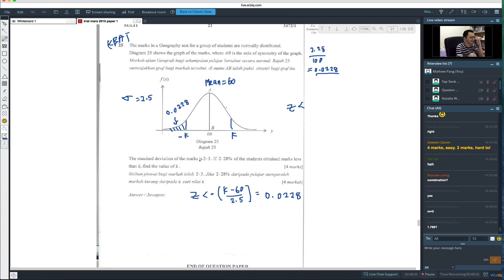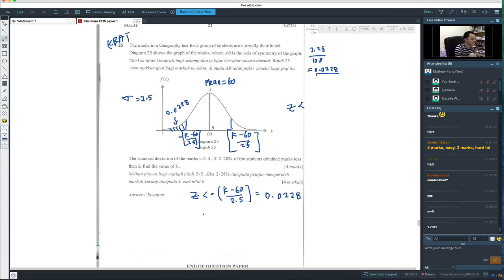So this is K minus 60 over 2.5. If I assume this is the exact value table, this one is the negative version, this is the positive version. If I say it like this, it makes more sense now.